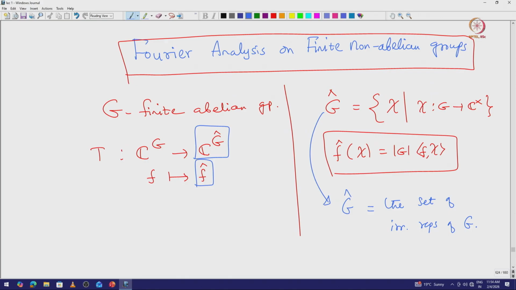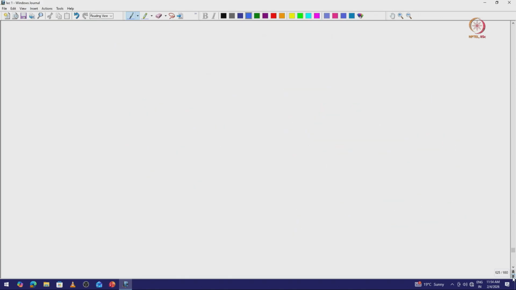What does it mean? I can replace G hat by something else, as follows. You take C G and then you have this C G hat. Now, we simply replace C G hat by C direct sum n. What I mean by that?